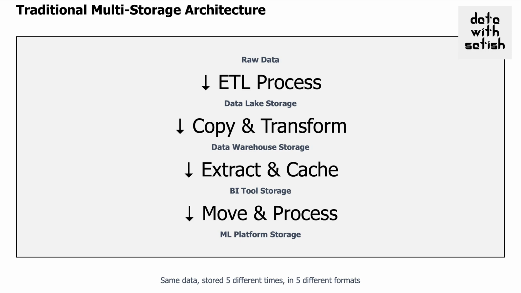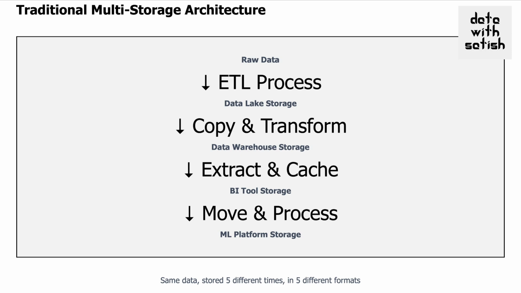Here is what traditional architecture looks like. Raw data comes in, you run an ETL process to load it into your data lake storage. Then you copy and transform it into your data warehouse storage, extract and cache it for your BI tool, move and process it for your ML platform.